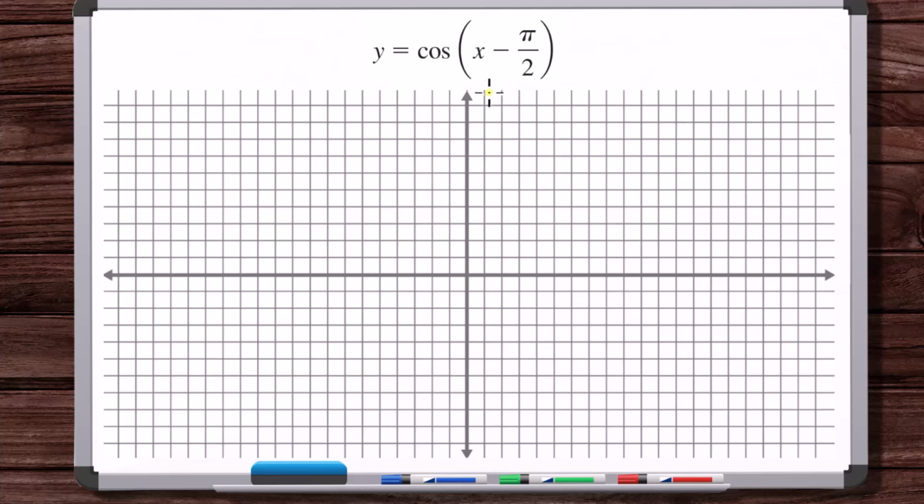Okay, here we can see a simple transformation. It's just the graph of cosine of x, but shifted in the positive direction by pi over 2.